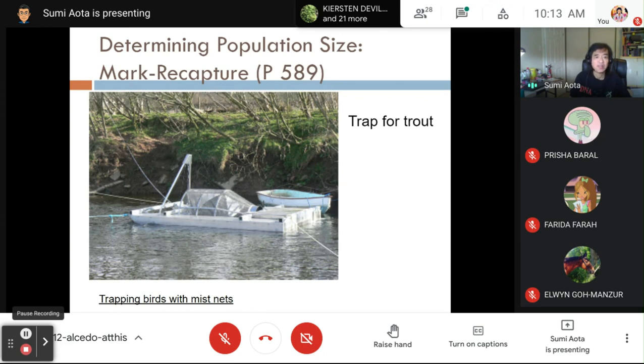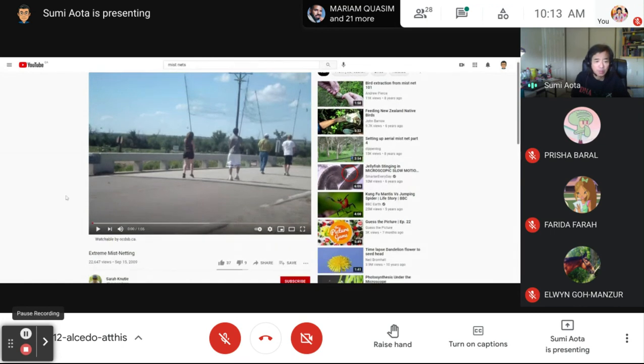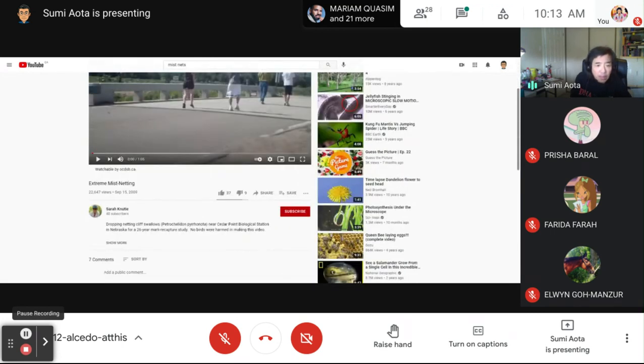So this is mist netting. These are mist nets up here, and I'm not sure what birds they're going for. Cliff swallows.